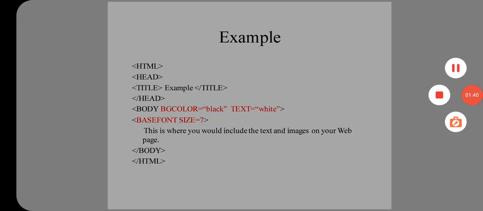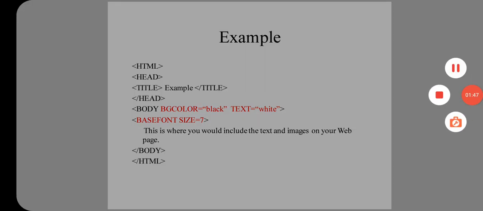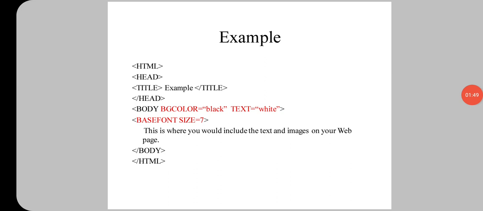So this is an example HTML program for using bgcolor and text colors. HTML, head, title, slash head, body bgcolor equals black, text equals white.